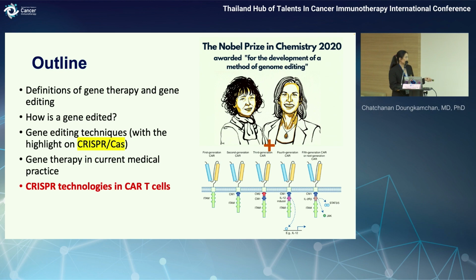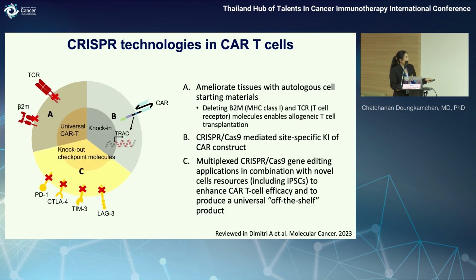And the last one, CRISPR technologies in CAR T cells. This is a very short slide summarizing the potential of CRISPR technologies in CAR T cells. Because of the characteristic of CRISPR, that we can specifically knock out or express desired DNA at a very specific locus, we can use this to knock out or re-express any kind of molecules that we want.